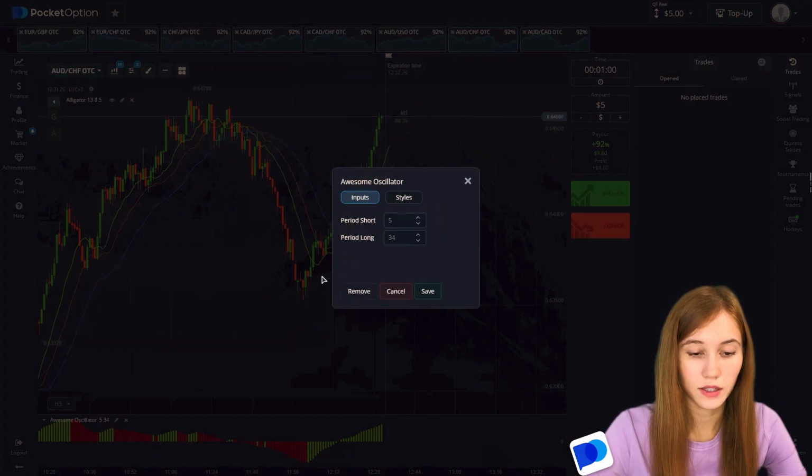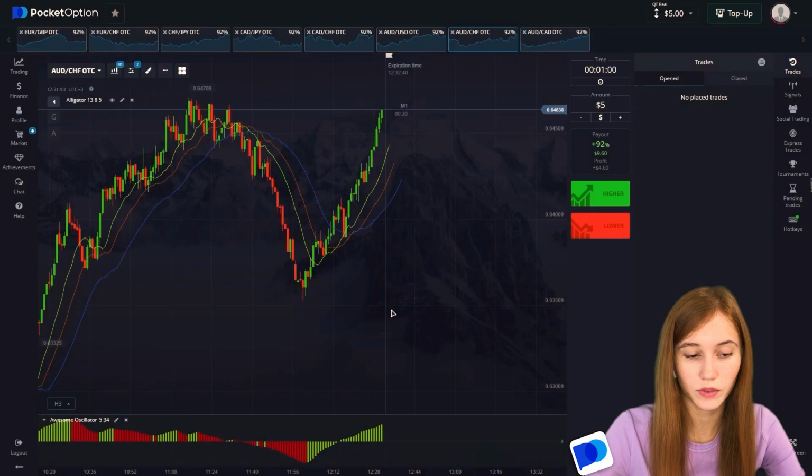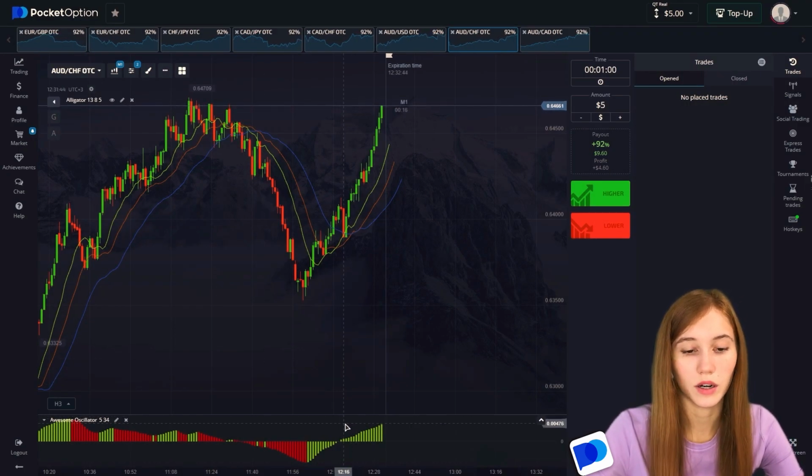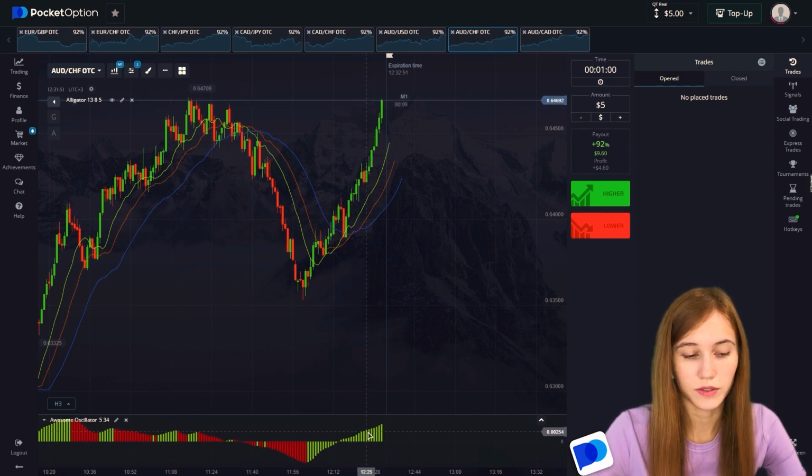And the second indicator, the oscillator, is located at the bottom of the screen. It's settings. I won't show them for long. This indicator mirrors the mood of our market and shows what the market is like at the moment. Thanks to this indicator, you can determine whether the market is bullish or bearish.